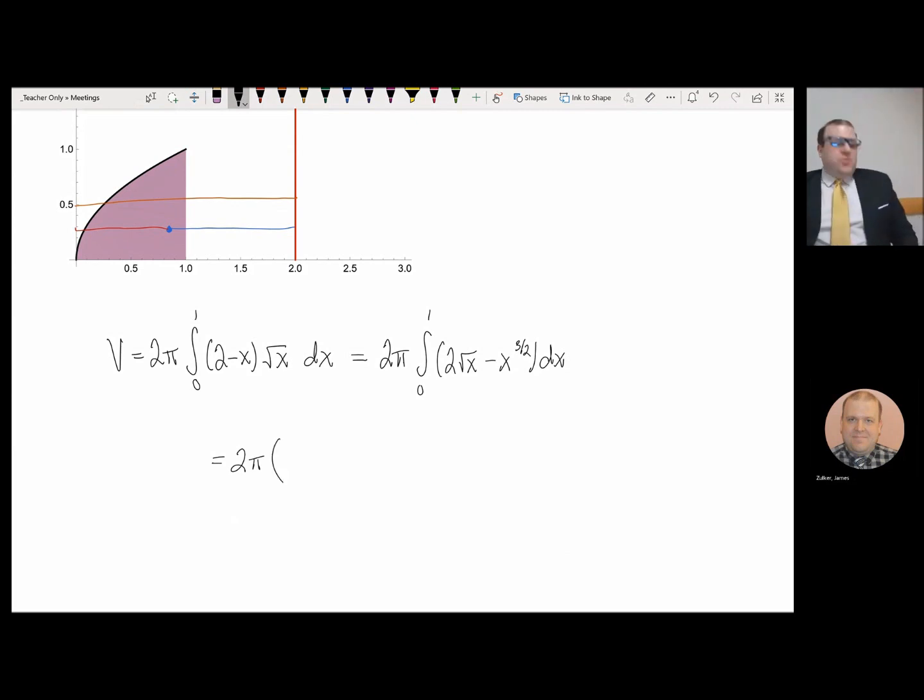Two root x, integral from 0 to 1. It's going to be 4/3 x to the 3/2, evaluated from 0 to 1, which is just 4/3.